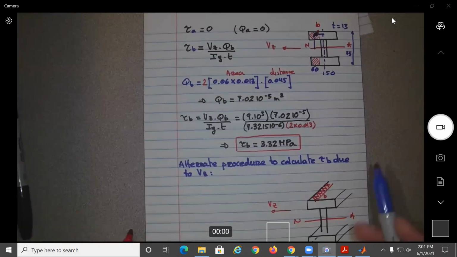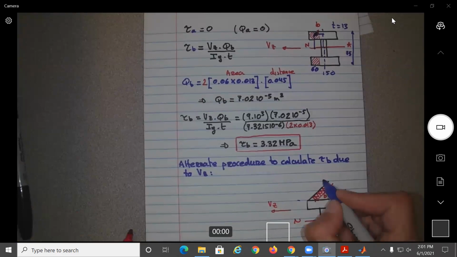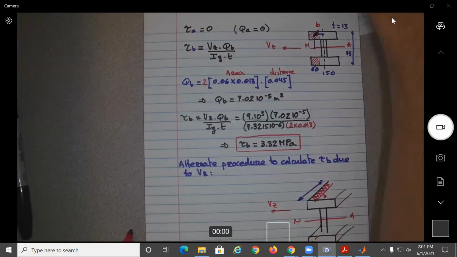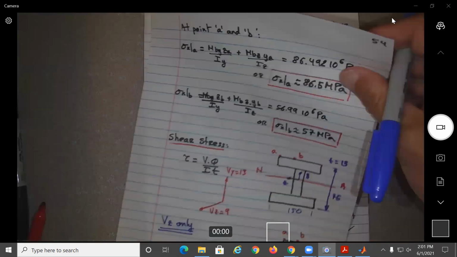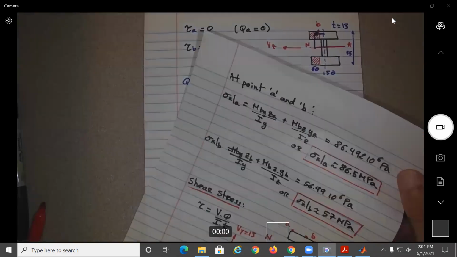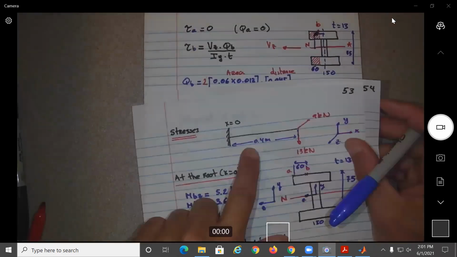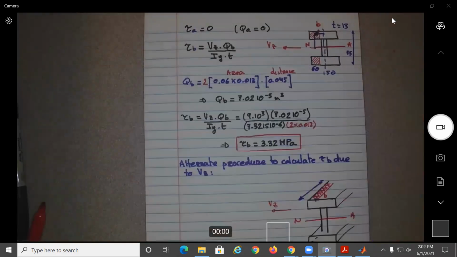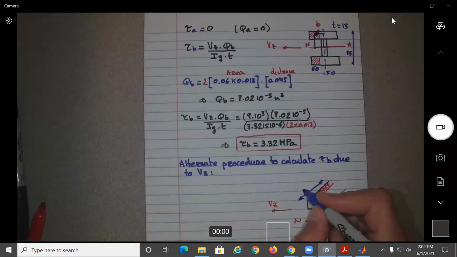Okay, and all this distance here, all the way to the end, basically that would be the length of the beam, which is 0.4 meters. We go all the way to the end. This is 0.4 meters.